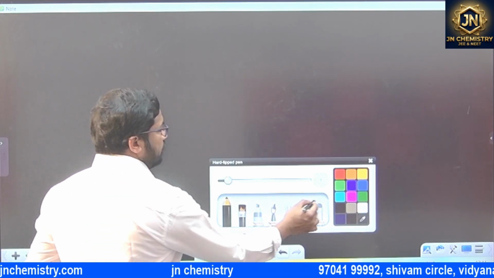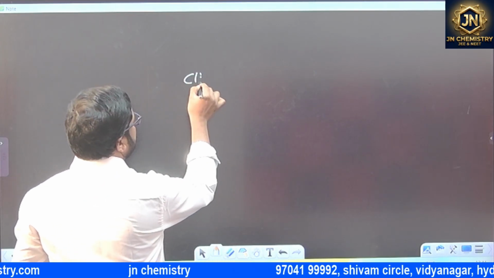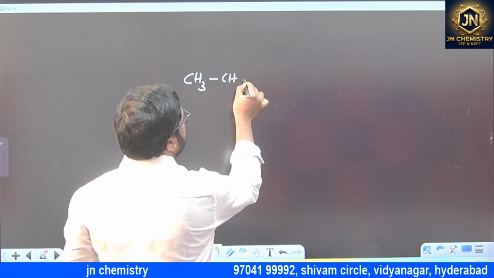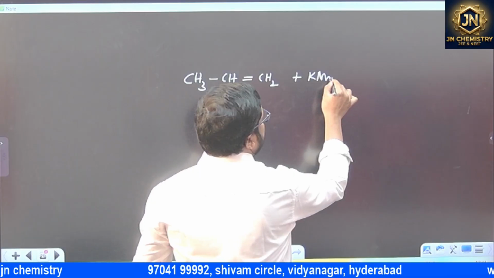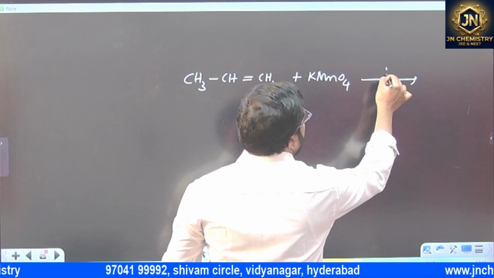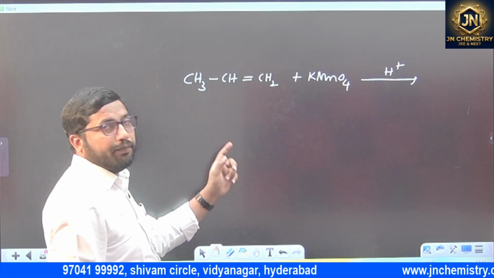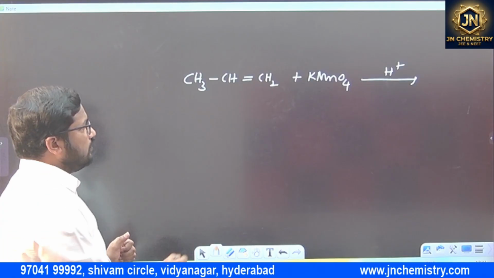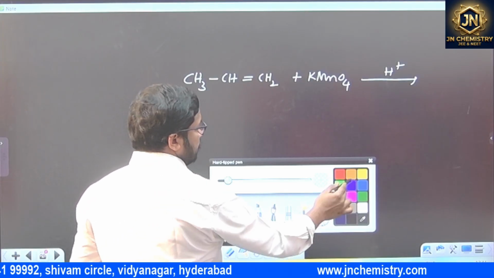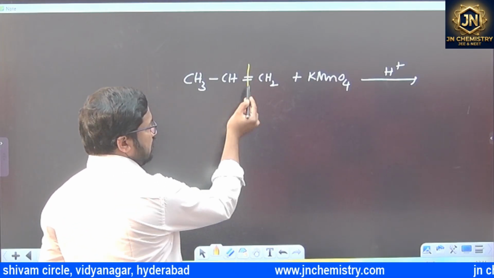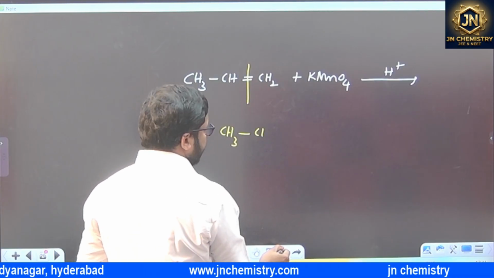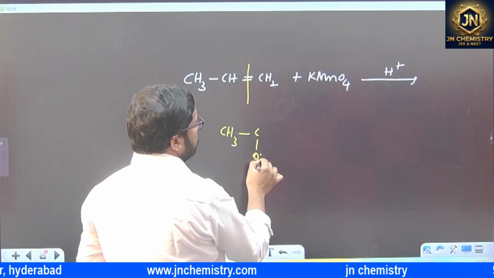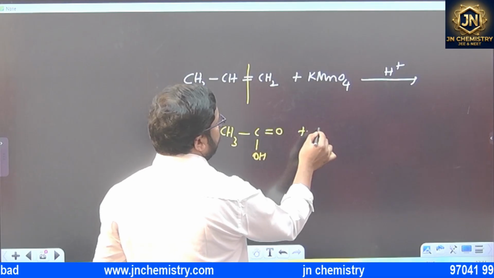For example, CH3CH double bond CH2 plus KMnO4, H plus. Now what we need to do? Just break the bond here. CH3 CH, so directly I am writing CH plus OH, C double bond O plus CO2.